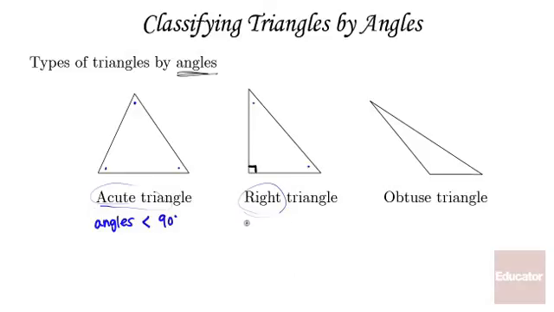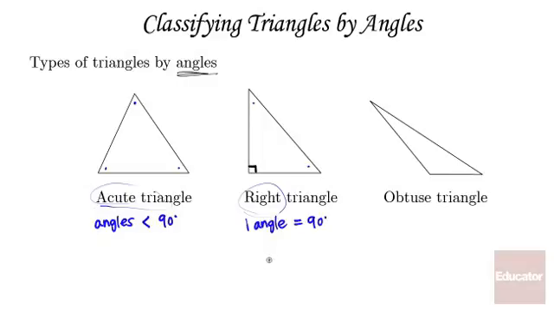So only one angle is going to be 90 degrees. You can only have one angle be a right angle. There's no way you can have a triangle where two angles are right angles, okay? So again, a triangle can only have one right angle. You just can't do it.